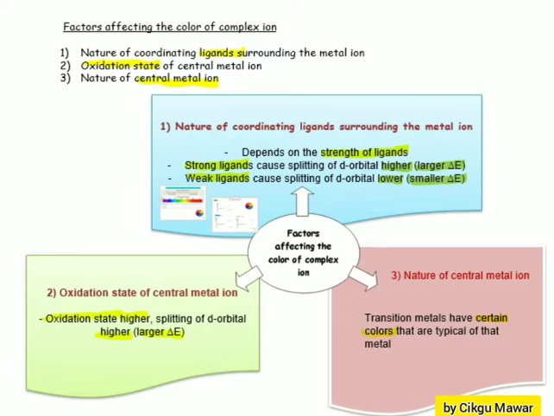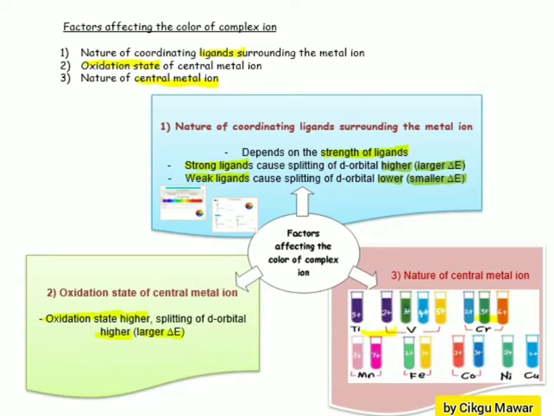Every transition metal has its own wavelength to be absorbed, which gives the color of each ion. For example, titanium 3 plus appears purple and vanadium 2 plus appears purple. This is all about the nature of the central metal ion, from titanium to copper.